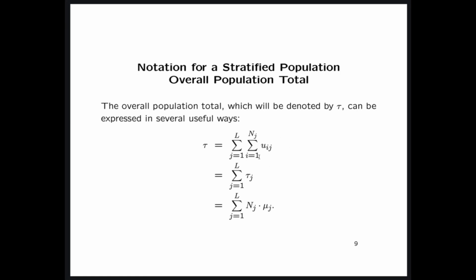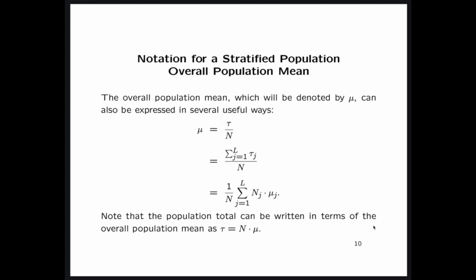We're adding up the y_ij's, the values associated with the members in each of the strata. We could also represent the population total as the sum of the stratum totals. And finally, given the representation of the stratum totals that we looked at before, where that is equal to the stratum size times the stratum mean, we could represent the overall population total as this weighted sum of the stratum means, where the weights are the stratum sizes.